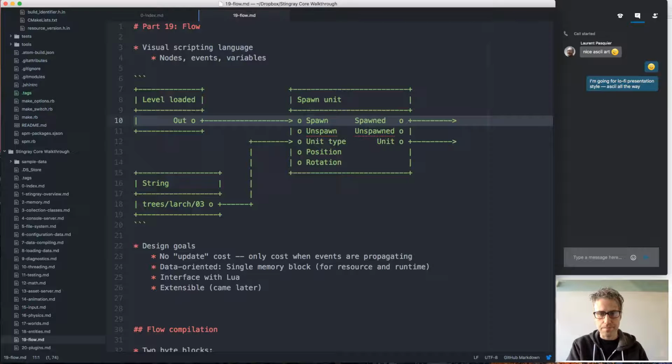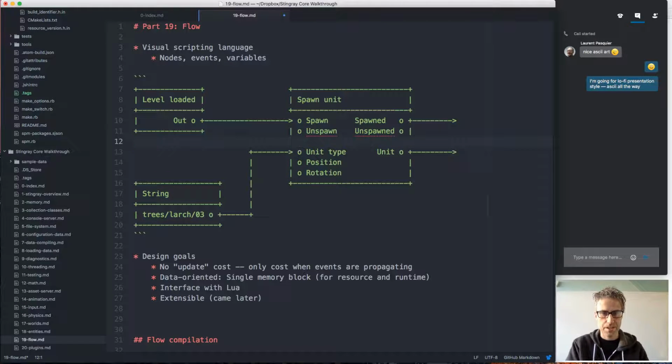And maybe I should make a clearer distinction here between the events and the variables, so it's a bit more clear. So this node, the spawn unit node, is used to spawn a unit in the world, and as you can see, it has two input events, one that will spawn this unit and one that will unspawn it, remove it from the level.